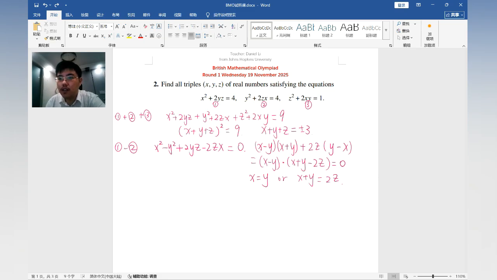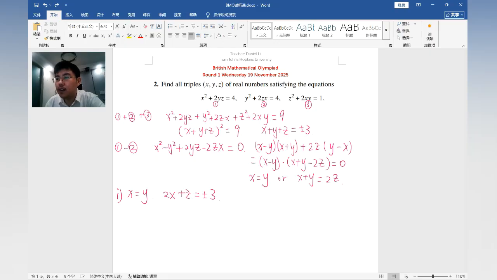So the first case, x equals to y. So from here we can know, here we change y, we write it in x. 2x plus z equals to 3 or minus 3. Then we can change z and y with x in equation 3.